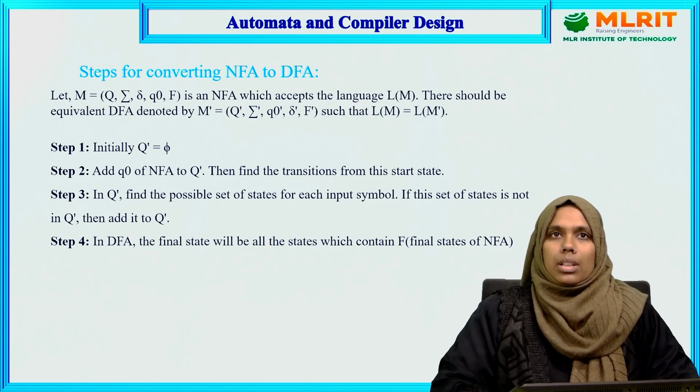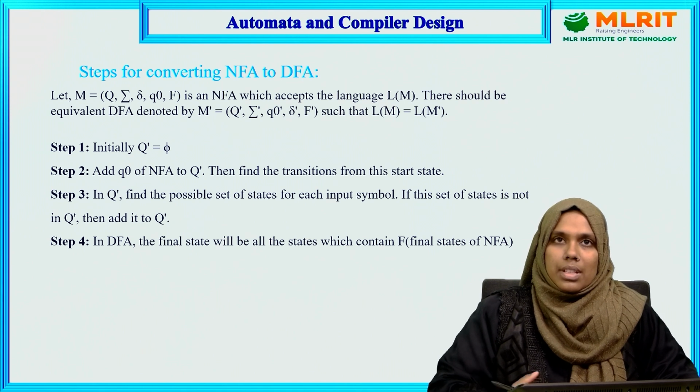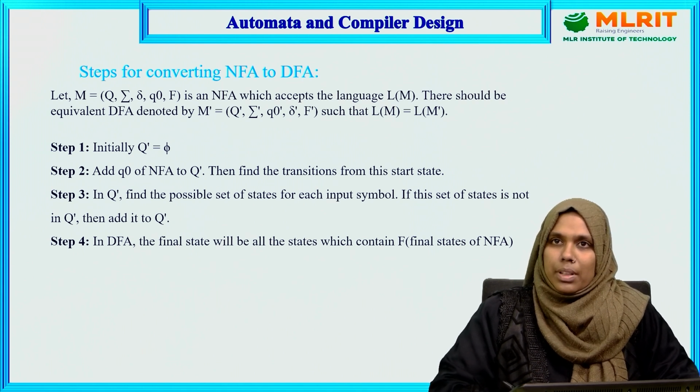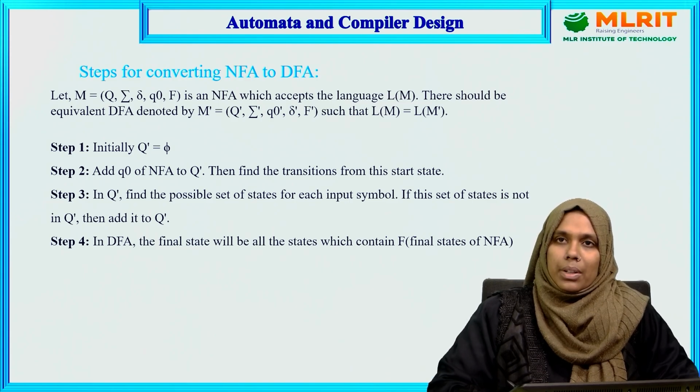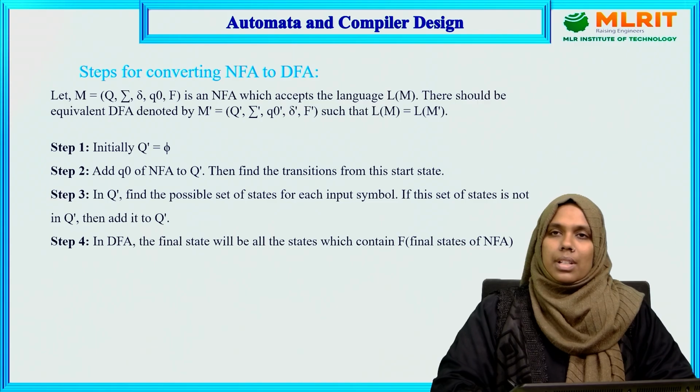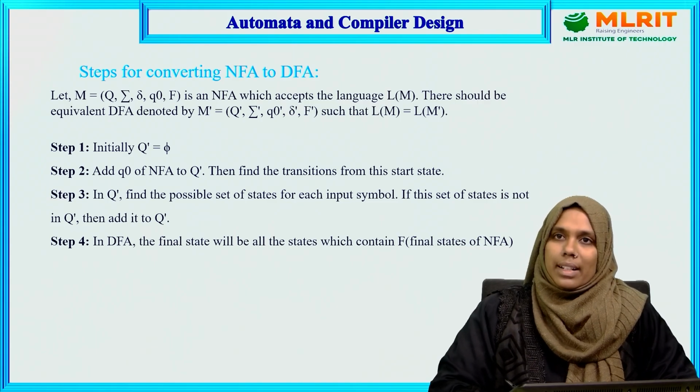Before going to the detailed description of the conversion of NFA to DFA, first we just go through what is NFA and what is DFA. Coming to the NFA, non-deterministic finite automata, it is a finite automata where each and every state can have more than one transition.